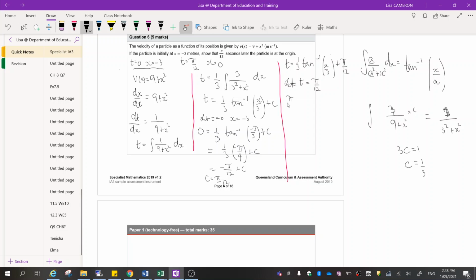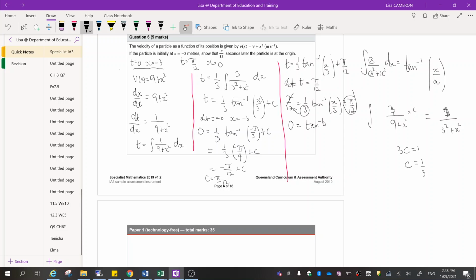Okay, so pi on 12 is equal to 1 on 3 tan inverse of x on 3 plus pi on 12. When I bring this over, it'll cancel out that, so I'll have 0 is equal to, now when I bring this 3 across and multiply the 0, I'll still have 0.